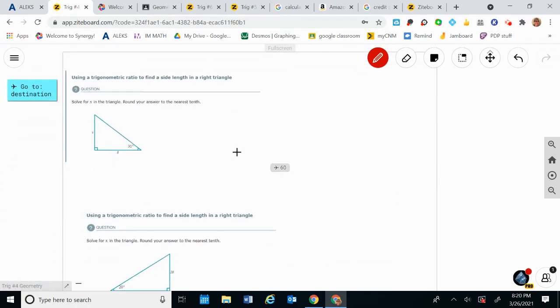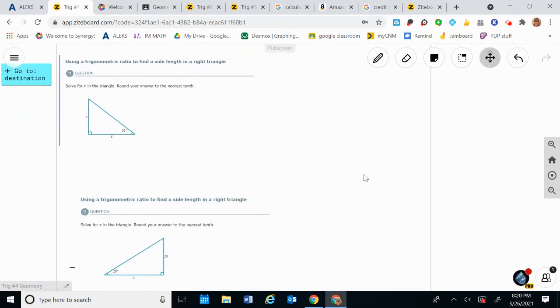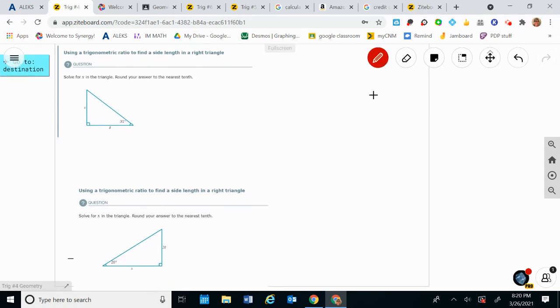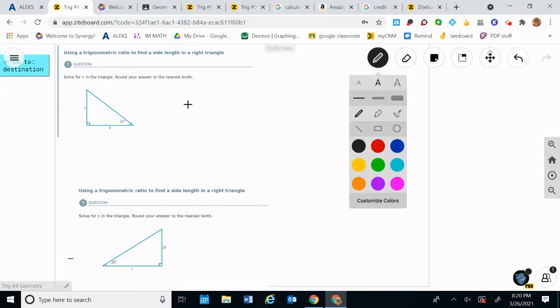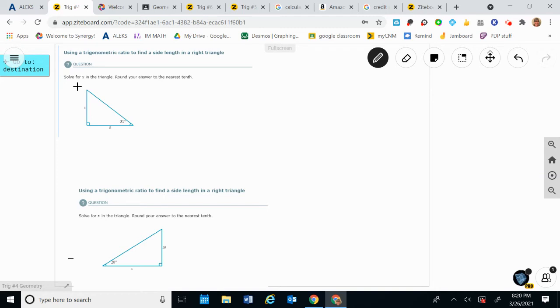Now this is where we get into more useful applications of trig. It says solve, actually using a trigonometric ratio to find the side length in a right triangle. This is the beginning of actually using trig for real purposes.